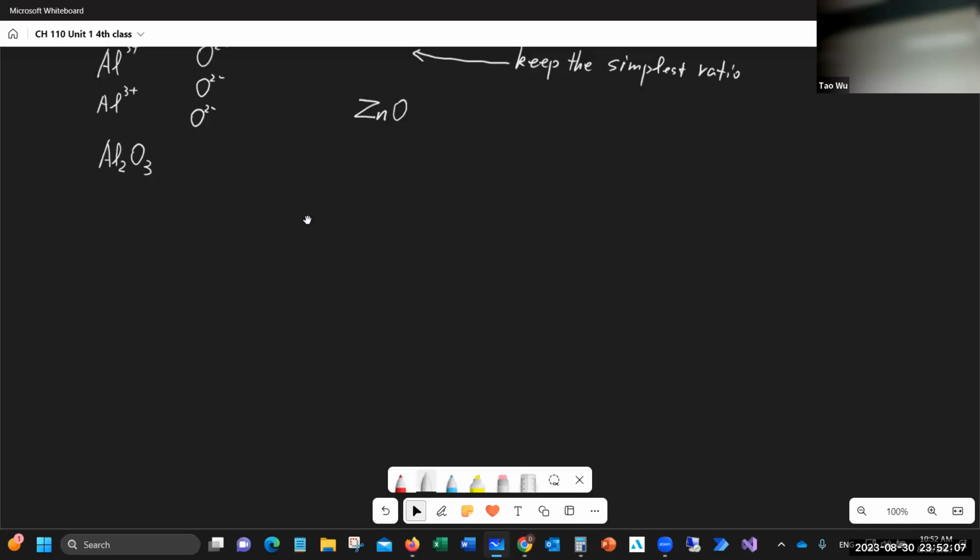And again, the common ion sheet is the sheet that what?